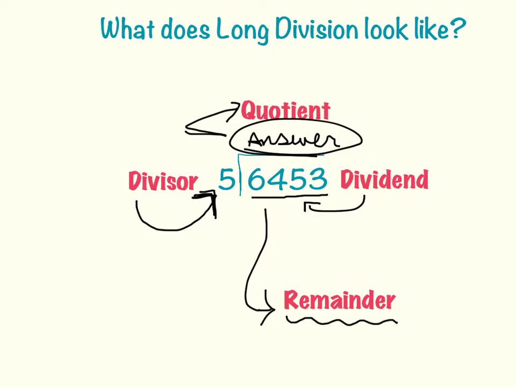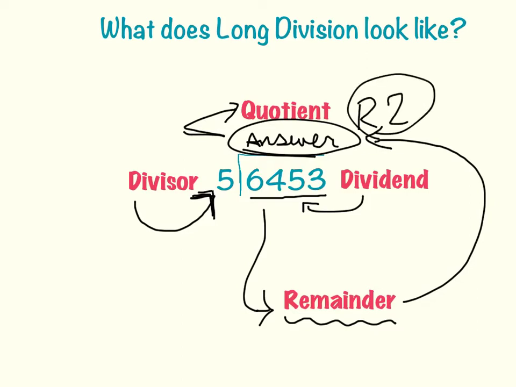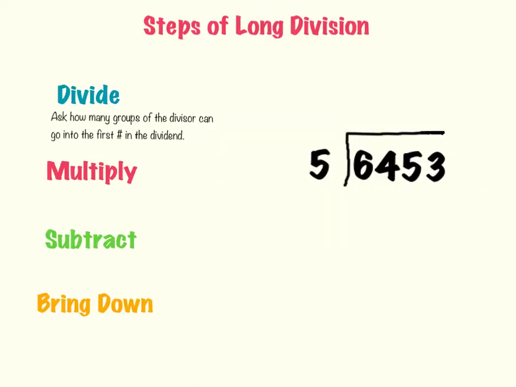And those will be at the bottom until you take your remainder and move that remainder to the top, and you're going to write it right here next to your answer. So it will be like a little capital R and then your remainder, whatever that might be. Okay, and we'll talk about remainders later when we start worrying about word problems and how we use long division to solve a story problem.